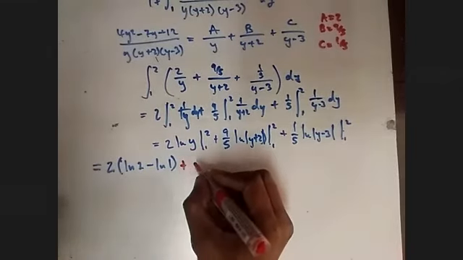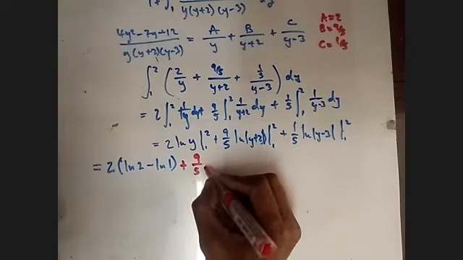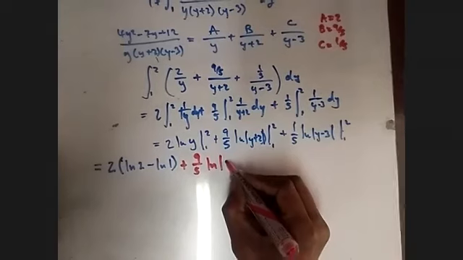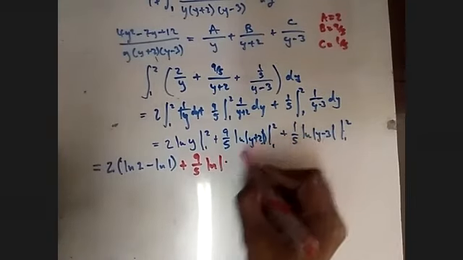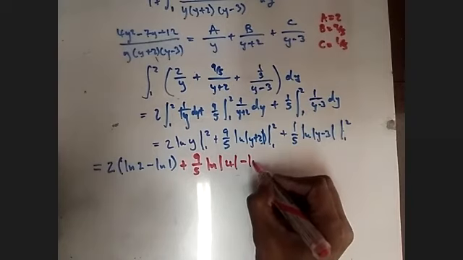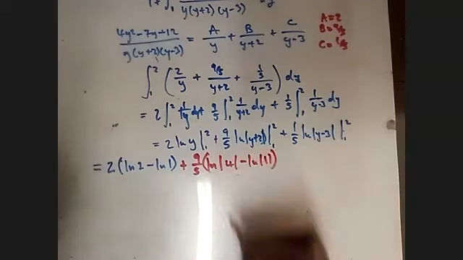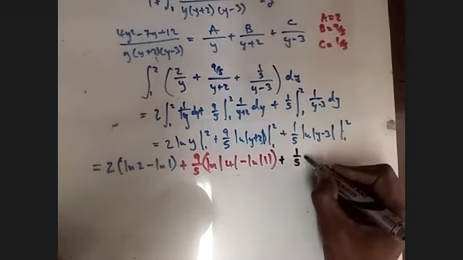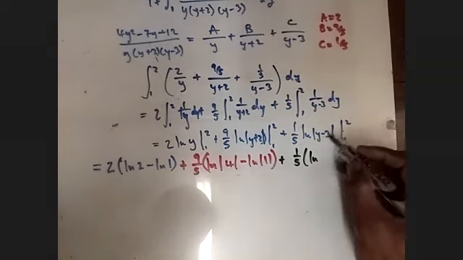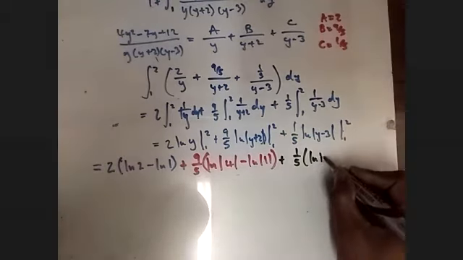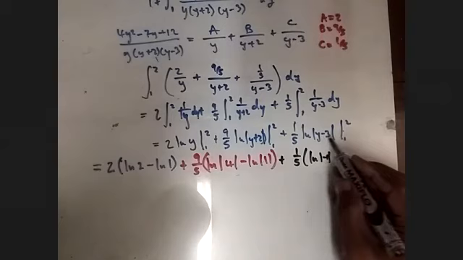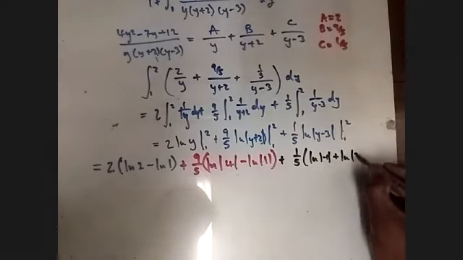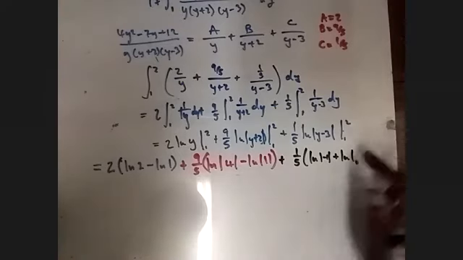Then ln of y plus 2 is 2 plus 2, which is 4, minus ln of 1. And then the last one is given by 1/5 ln, what is 2 minus 3? It's minus 1. Plus ln of 1 minus 3, which is minus 2.